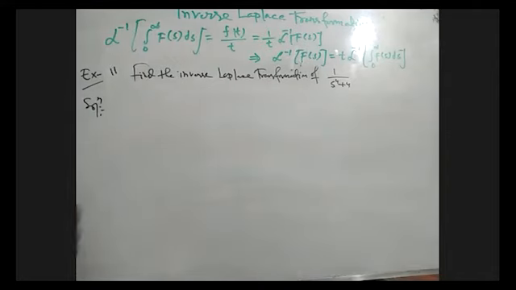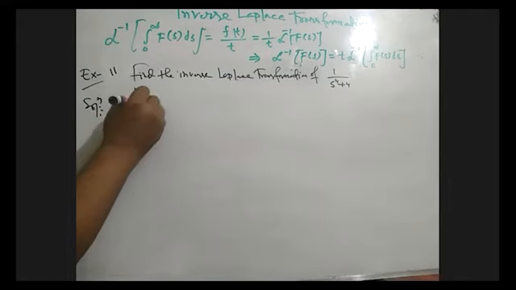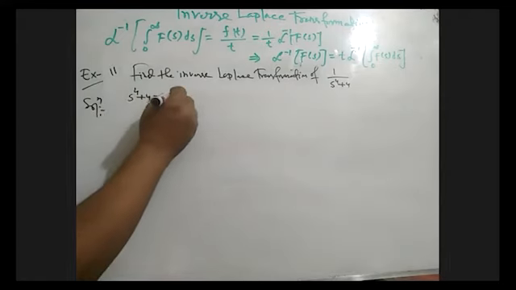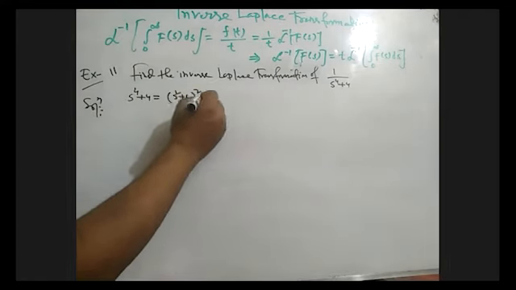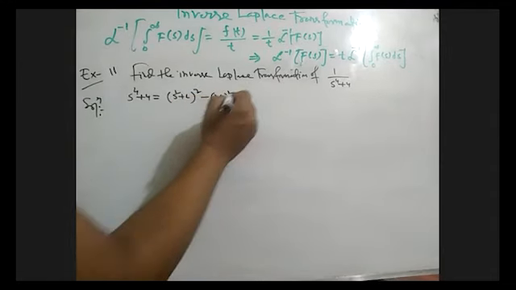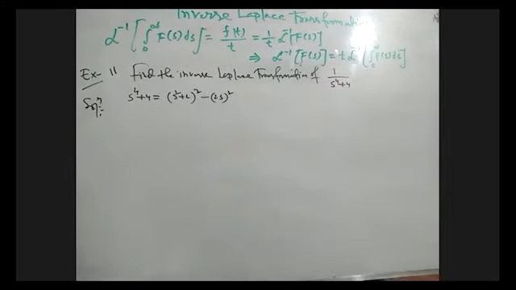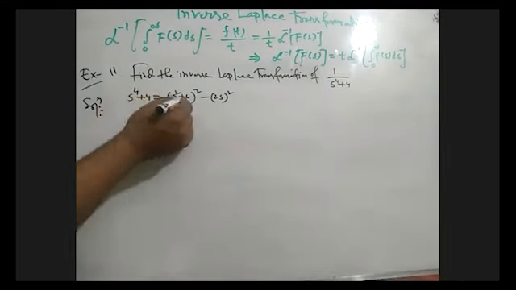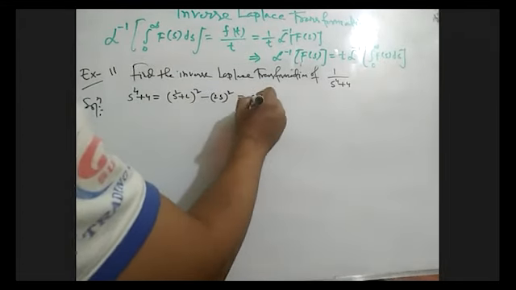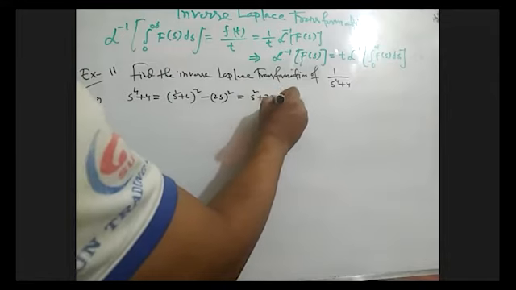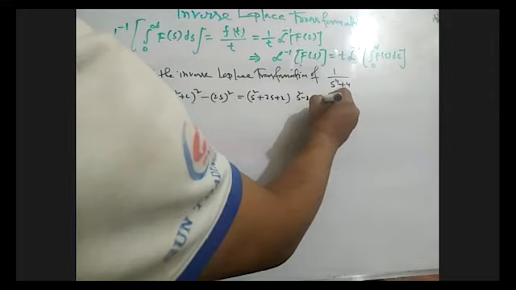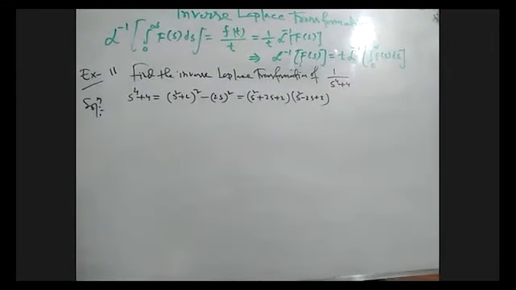First of all, we can write s to the power 4 plus 4 as s square plus 2 whole square minus twice s whole square. Okay, this can be written as this. So this means a plus b into s square plus twice s plus 2 a minus b. Okay, this can be written like this.